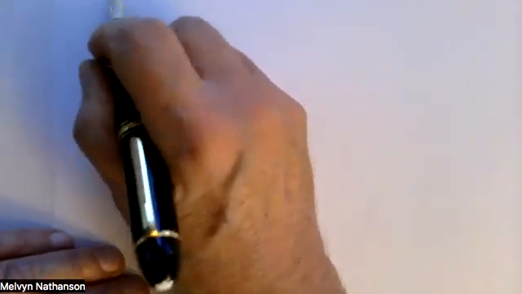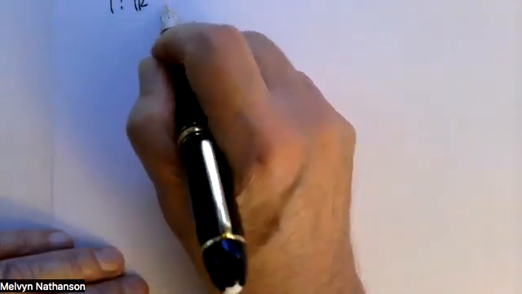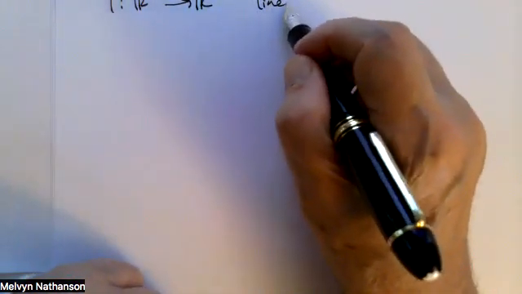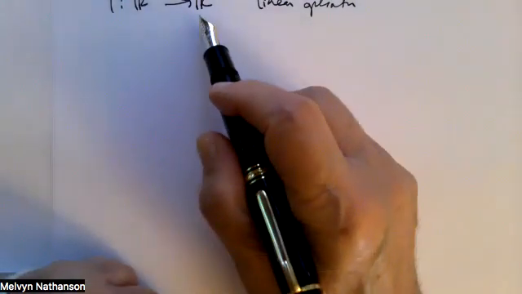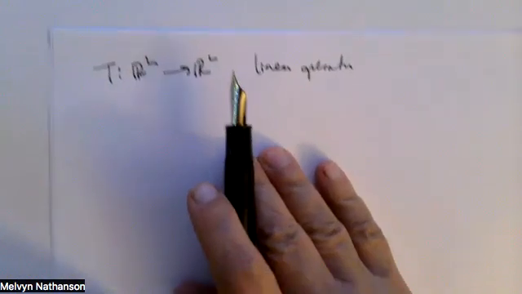So in particular, just to make this very concrete, if we have T from R2 to R2, so this is a linear operator, eigenvectors corresponding to distinct eigenvalues are linearly independent, but R2 has dimension 2.